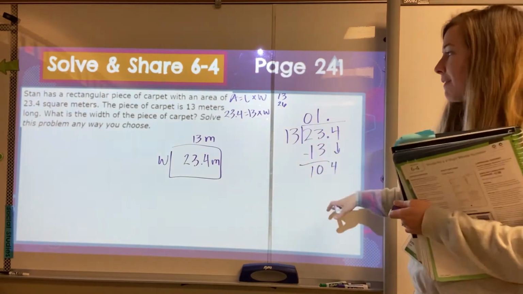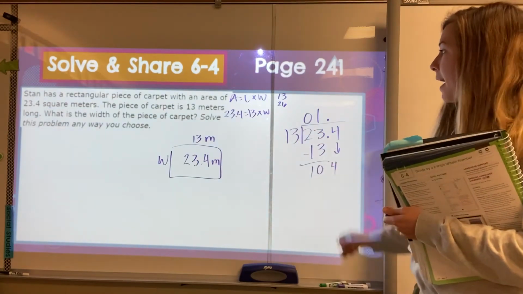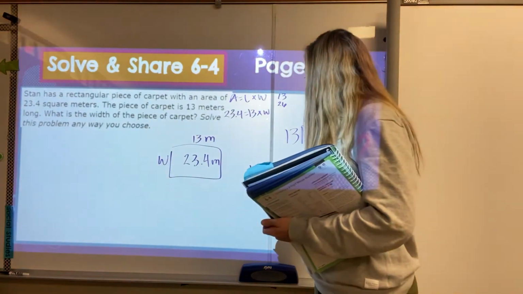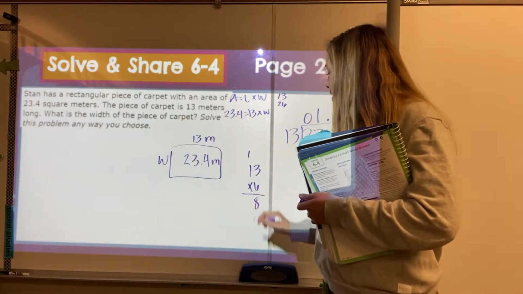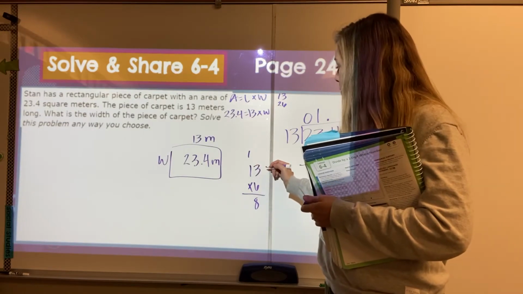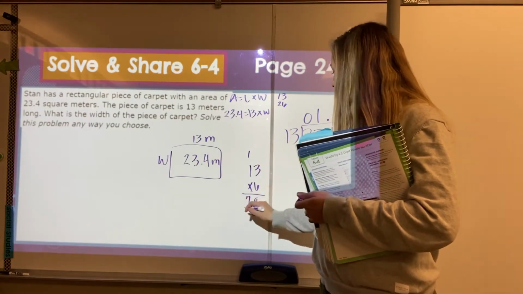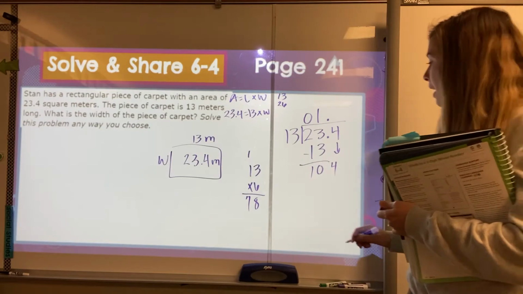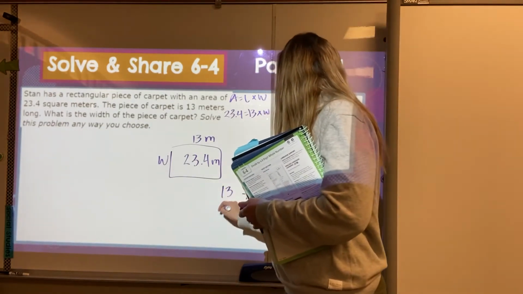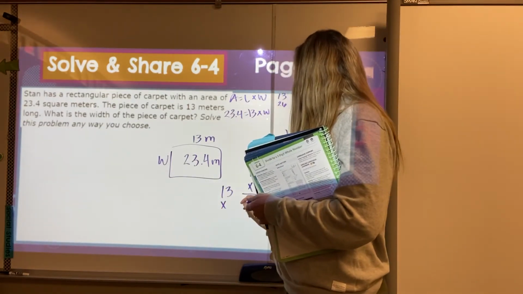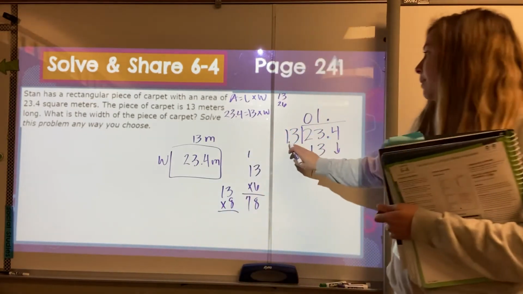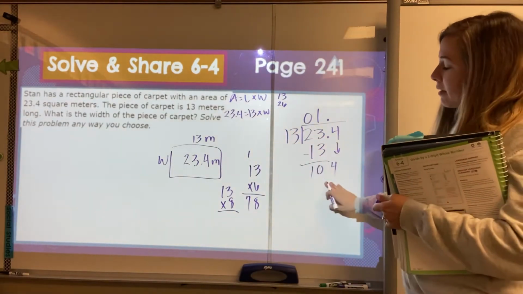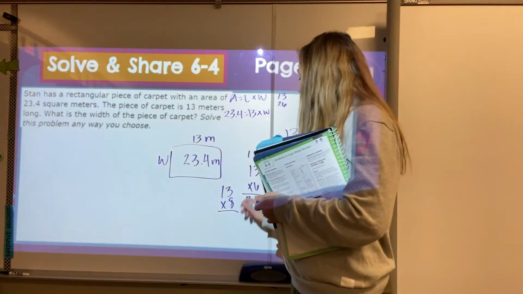So I'm using a little bit of estimation there to see how many times. Let's try 13 times 6. 3 times 6 is 18. 6 times 1 is 6 plus 1 more is 7. That is not quite enough. So let's try 13 times, honestly, I think we could go up to 8. It's because I rounded this up a little, not down a little, so it skewed my estimation, but that's okay.